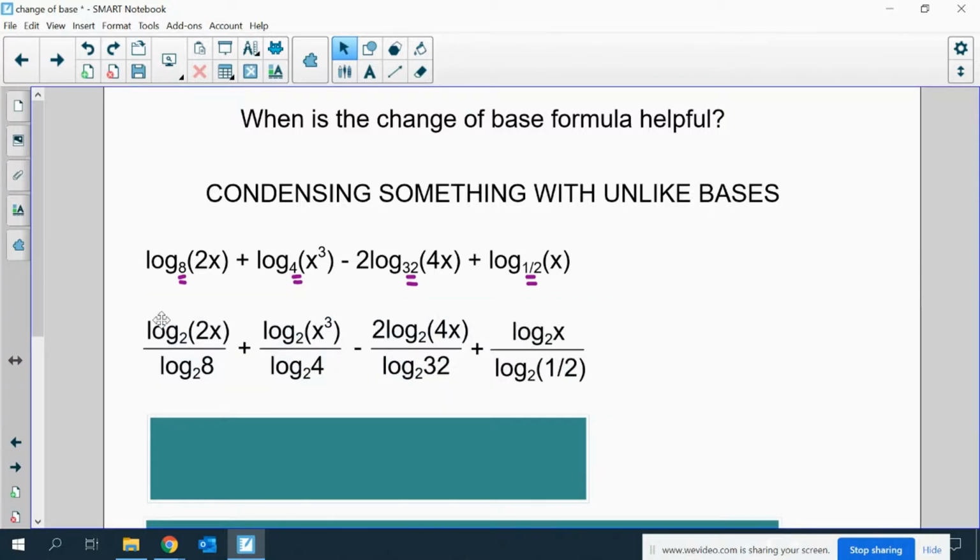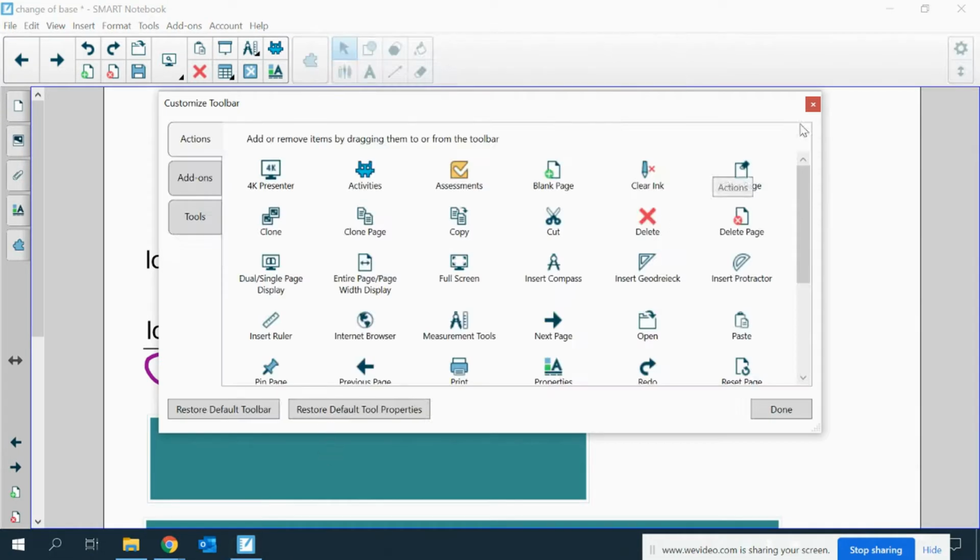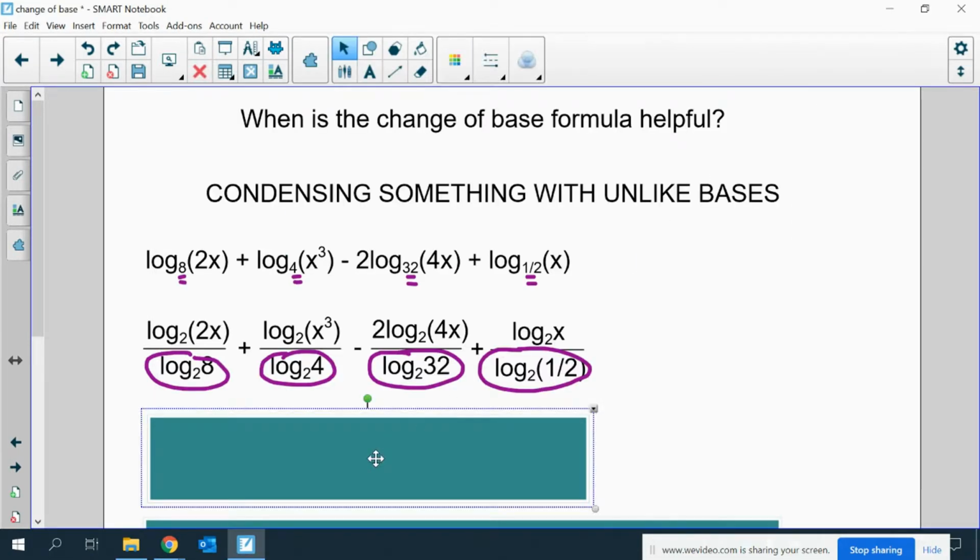So I'm going to rewrite them all using the change of base formula. And then notice that all of these denominators, since all of the bases originally were powers of 2, are going to work out really nice for me. So log base 2 of 8 is 3, log base 2 of 4 is 2, and so on.